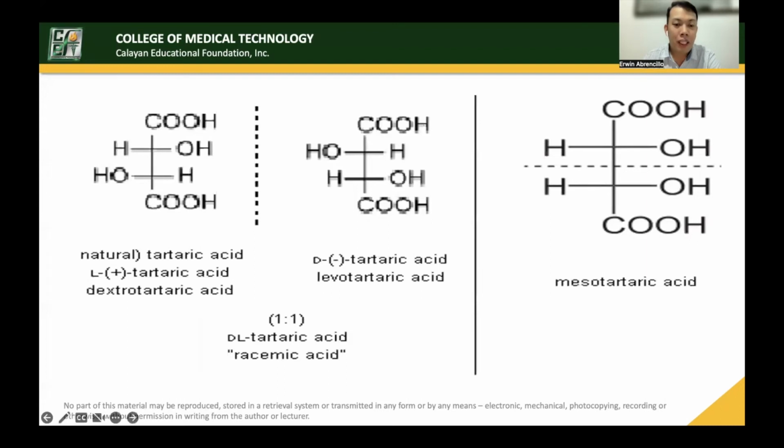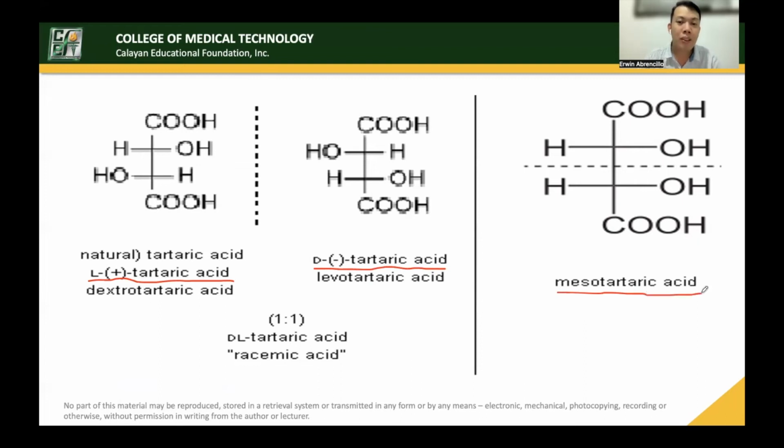We have here three samples. This is tartaric acid. The one here on the left is L-tartaric acid, the one on the right is D-tartaric acid, and the other one on the right is meso-tartaric acid.